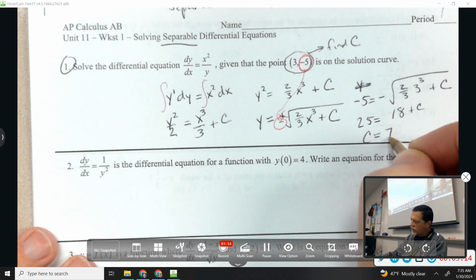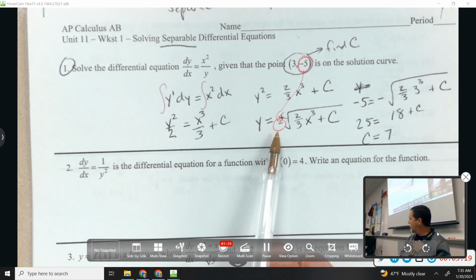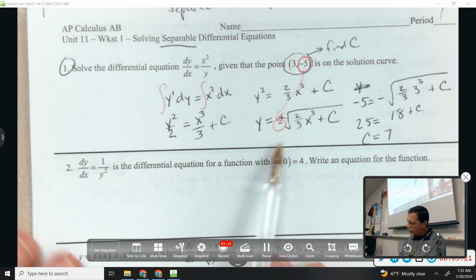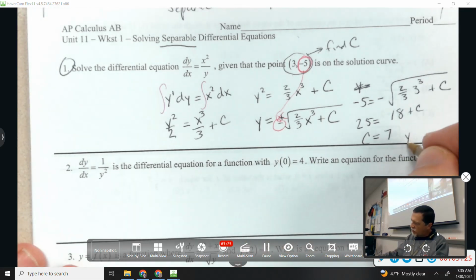So c is 7. And I don't really have it written out completely for an answer yet, so because this is kind of a mishmash, let's write our final answer here. Negative square root of 2/3 x cubed plus 7.